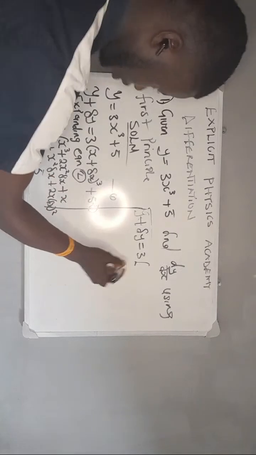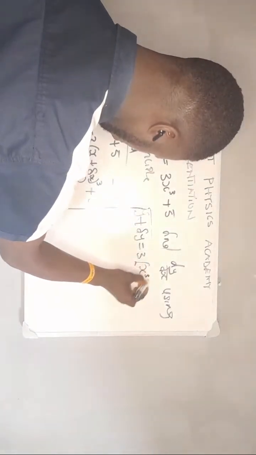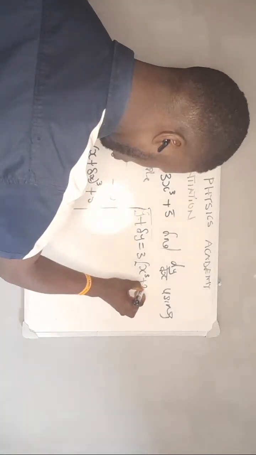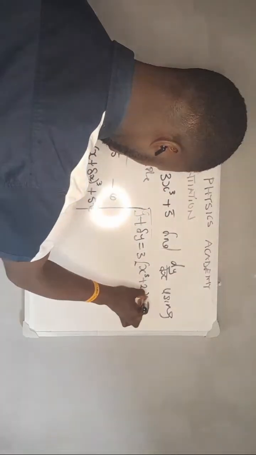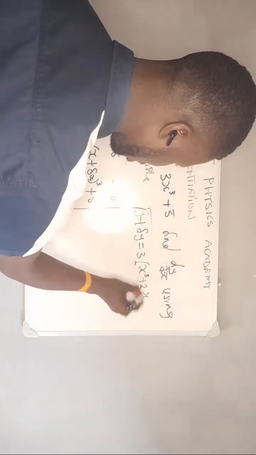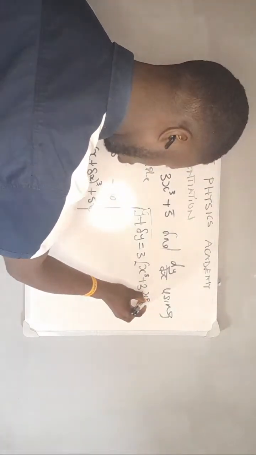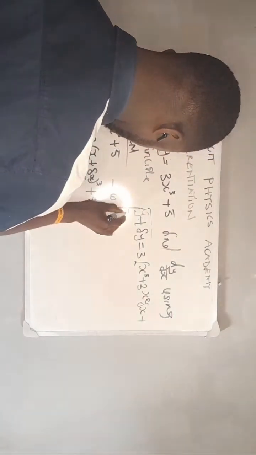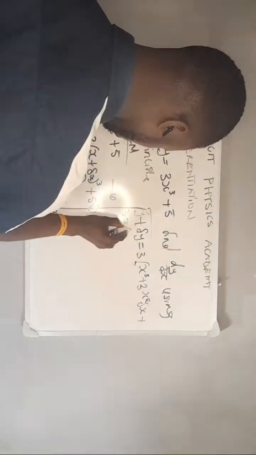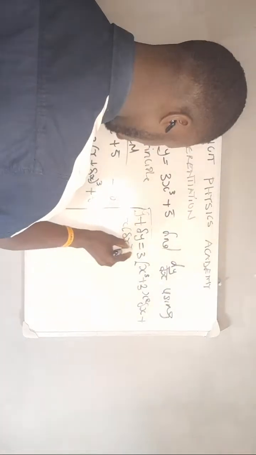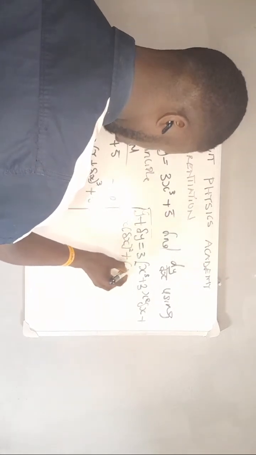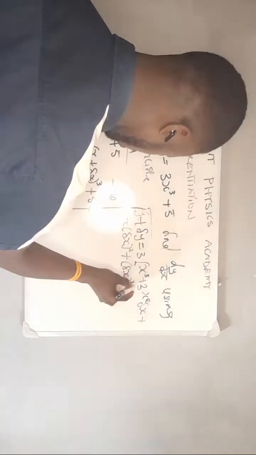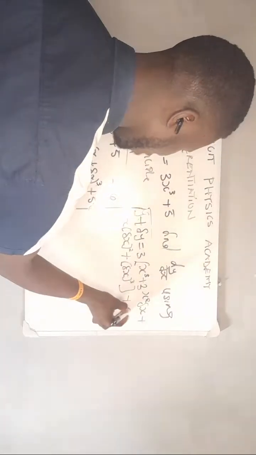Please follow me carefully. x cubed plus 2x squared, so x plus 3x squared del x plus 3x del x squared plus del x cubed, all close bracket, plus 5.